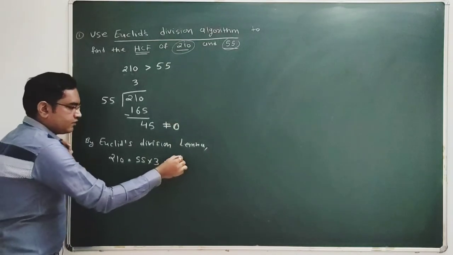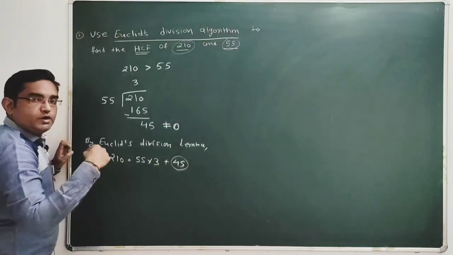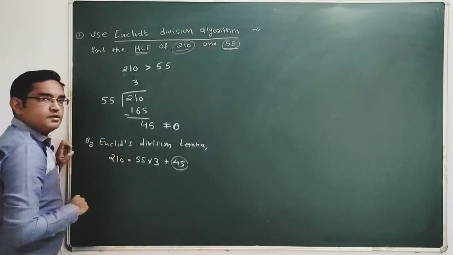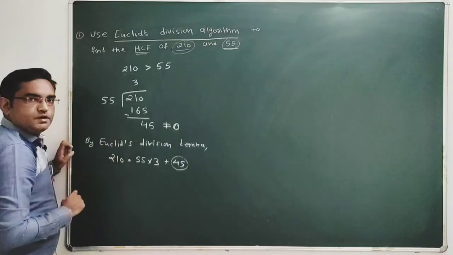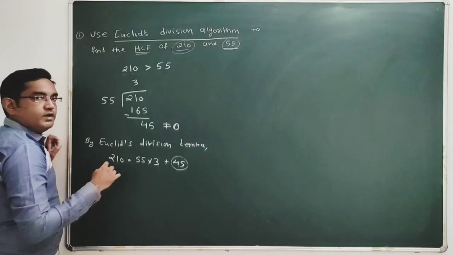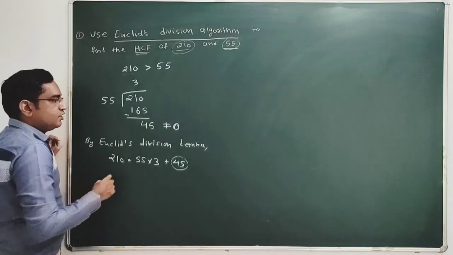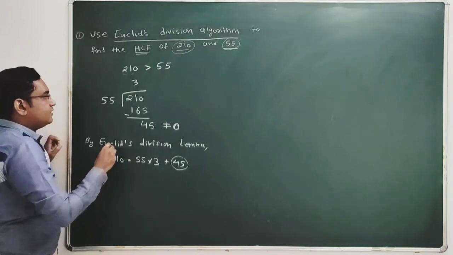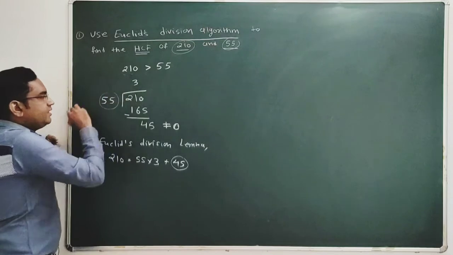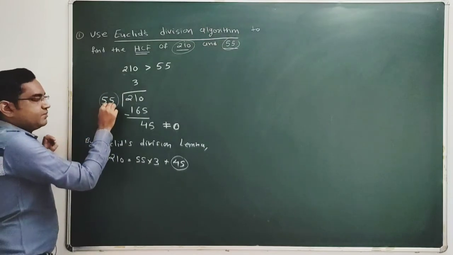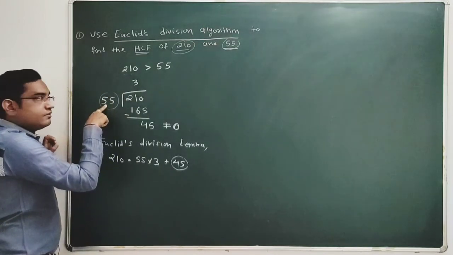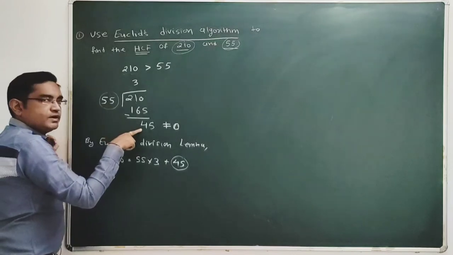So when remainder is not 0, we have to again apply this Euclid's division algorithm. We will apply Euclid's division algorithm by considering this divisor. For this previous step, this 55 is our divisor and this 45 is our remainder.